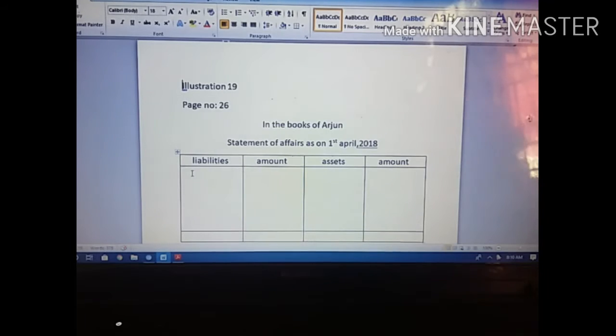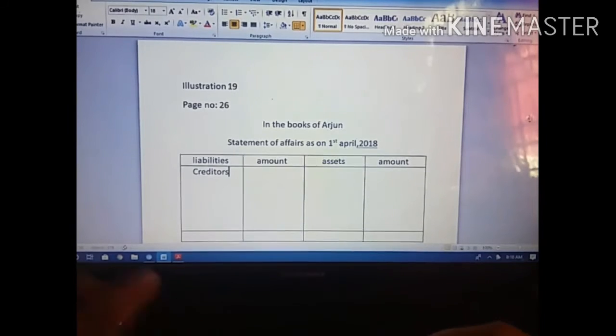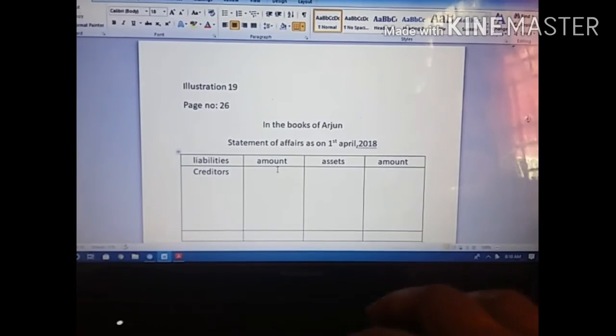So on the liability side there is no other information. We have only creditors, so we have to enter that on the liability side. So liability side, creditors. They are given 5,000, so I have to show 5,000 here.